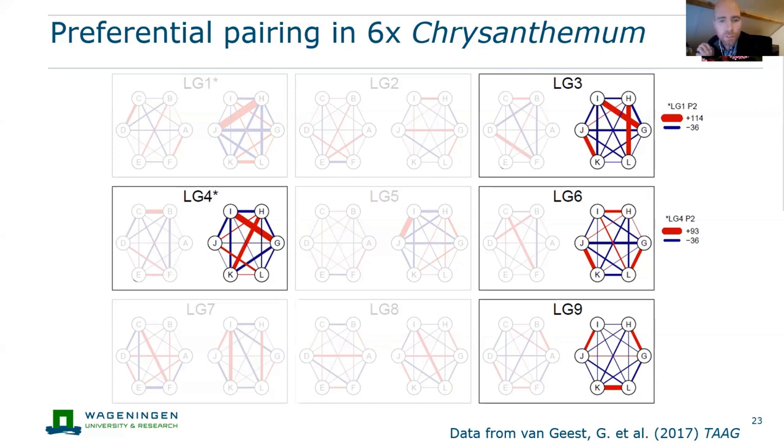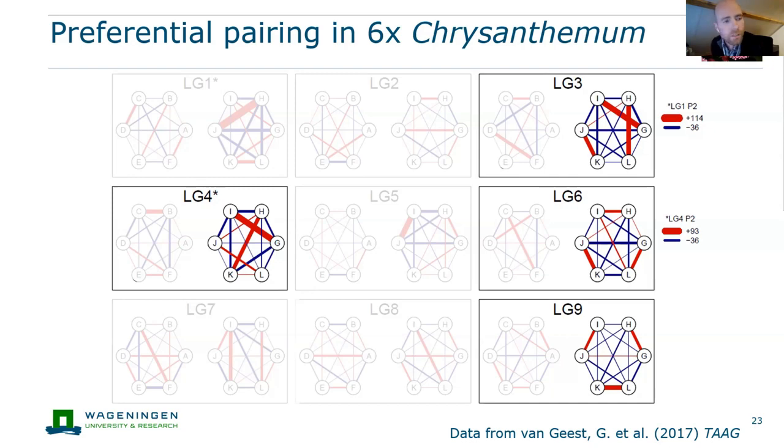Linkage group 3 is a very nice example where you see this preferential pairing coming out with these red bars, which is an excess of pairing between these homologs. But here you get a configuration where they fit nicely into 3 pairs. This is reminiscent of allopolyploid type behavior. Chrysanthemum is one of these ornamental species that has had a lot of hybridization across species in its pedigree.